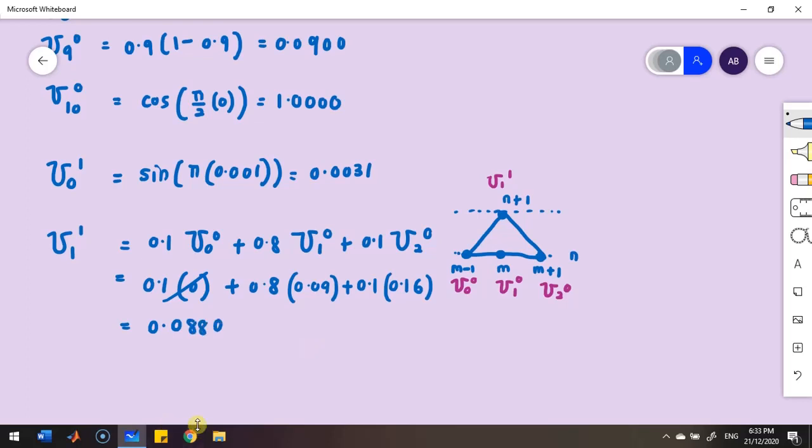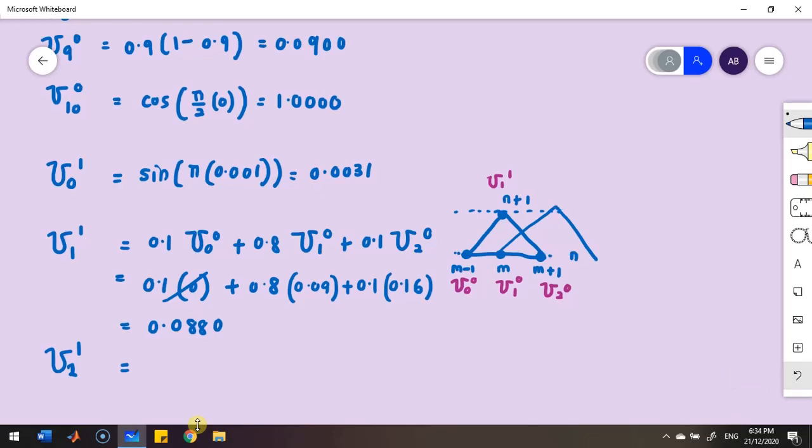Now move on to u21, which will be the next. Starting from here to here, this will be my m minus 1, m, m plus 1. Let's not sketch it here so that I don't confuse you with this diagram.